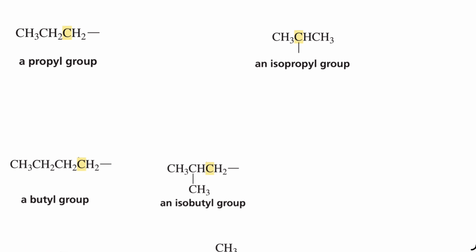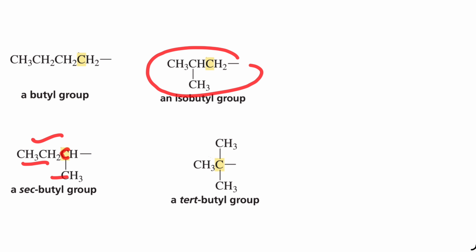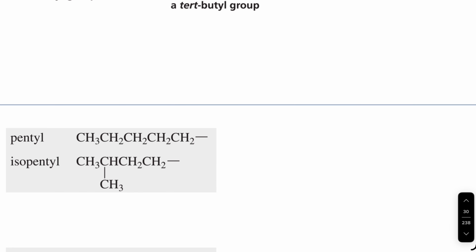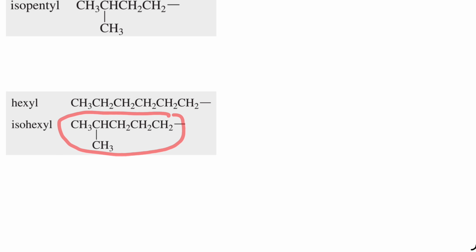This is the n-butyl group, this is the isobutyl group, and this is a C with two alkyl groups, the secondary butyl group, and the tertiary butyl group. Where all carbon atoms are present in a normal chain, this is n-pentyl, and we have an iso structure like this, with 5 carbons in total, isopentyl. And this is n-hexyl, and this is isohexyl.